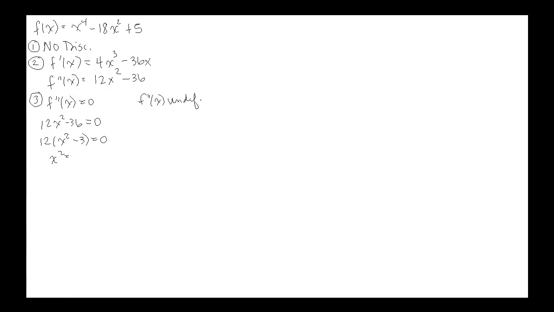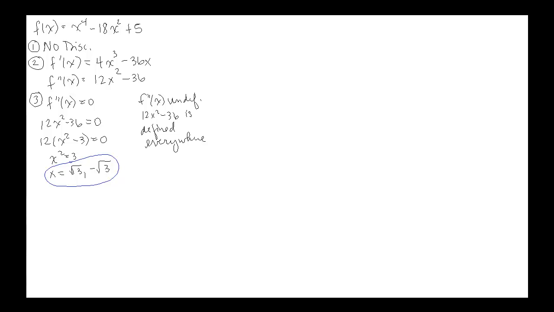That means when x squared is 3, x is positive root 3 and negative root 3. 12x squared minus 36 is defined everywhere. It is a second-degree polynomial, so it has no breaks, no holes, no asymptotes. So we have our two candidates for points of inflection, and two places where we will break up our interval.